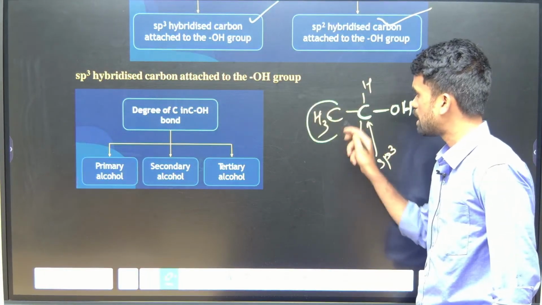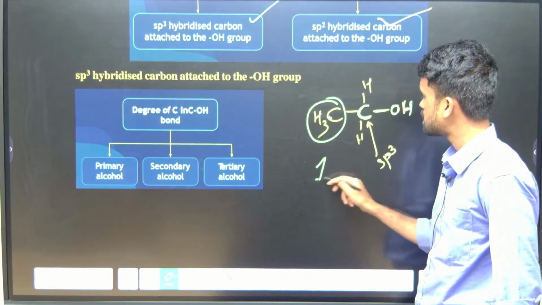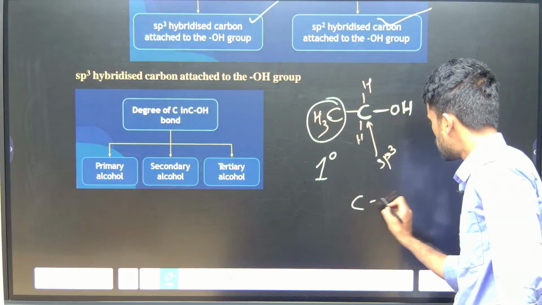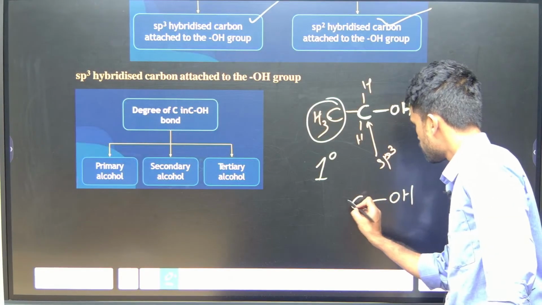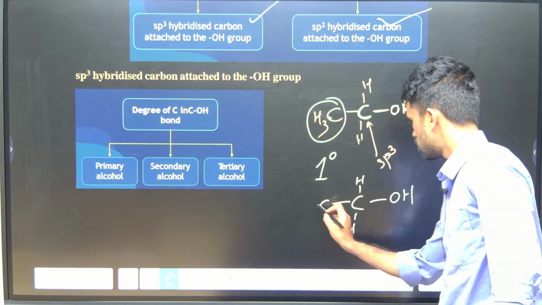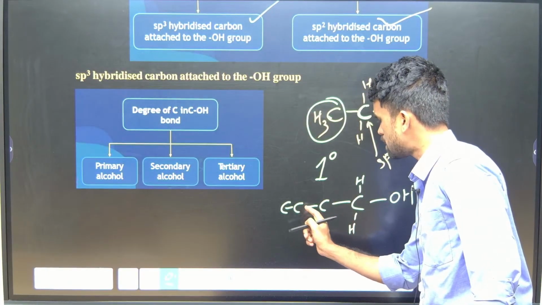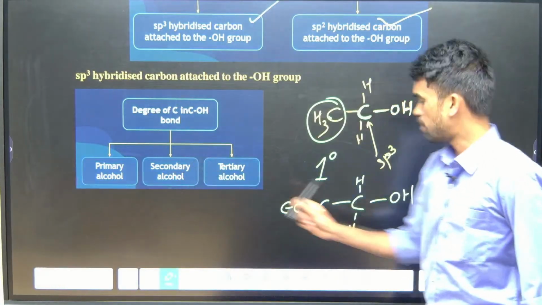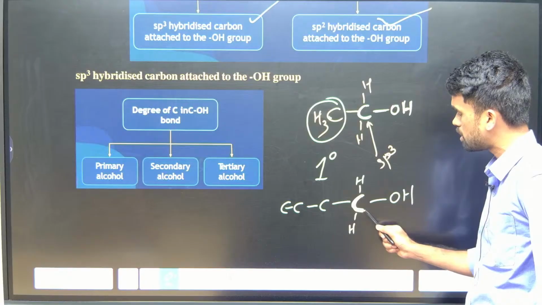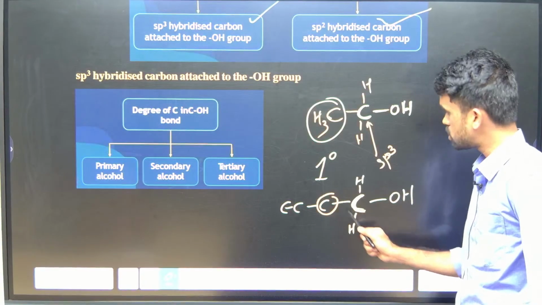Only one carbon, so you should call it a primary carbon. It doesn't matter how many carbons we have elsewhere, but how many carbons are directly attached to the OH-containing carbon. Only one, so it should be primary.